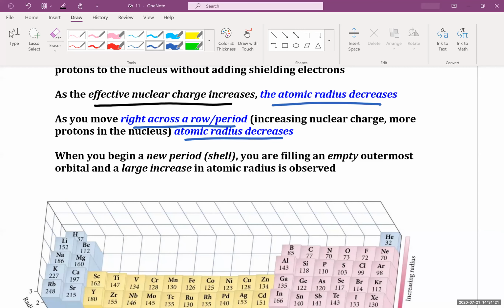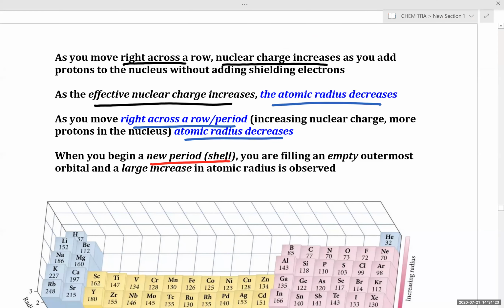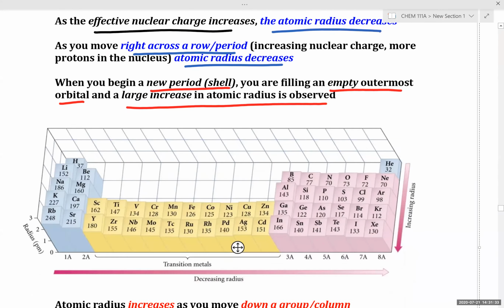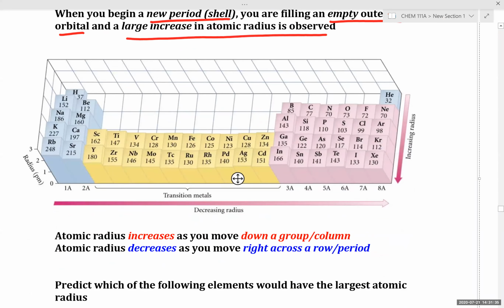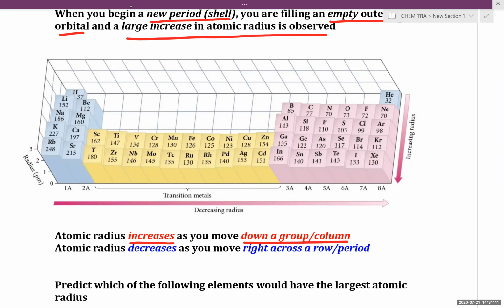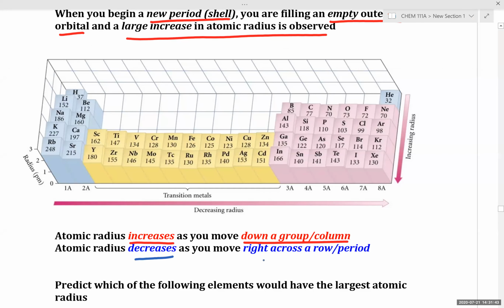This keeps going until you begin a new period or a shell. Because you're filling an empty outermost orbital, you see a large increase in atomic radius. So in summary, looking at this chart, atomic radius increases as you move down a group, and it decreases as you move right across a row or period.